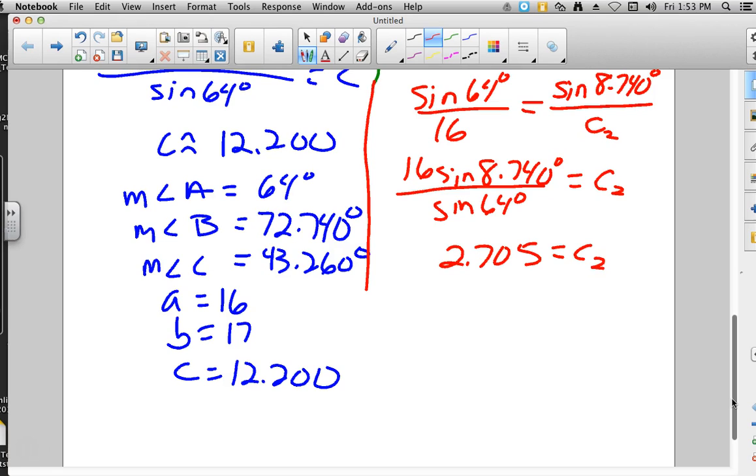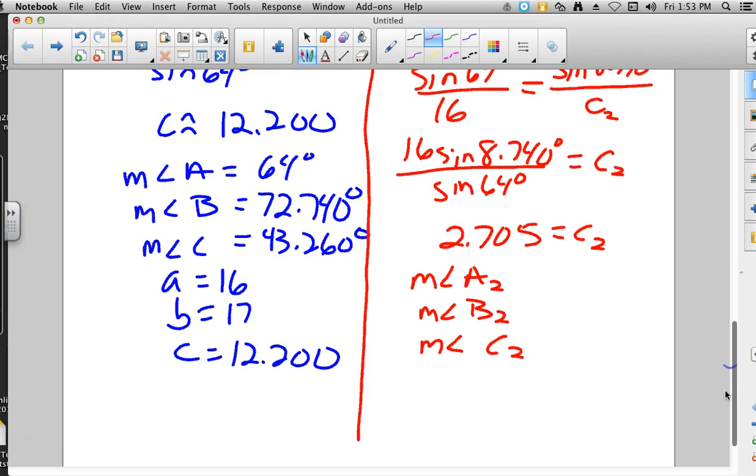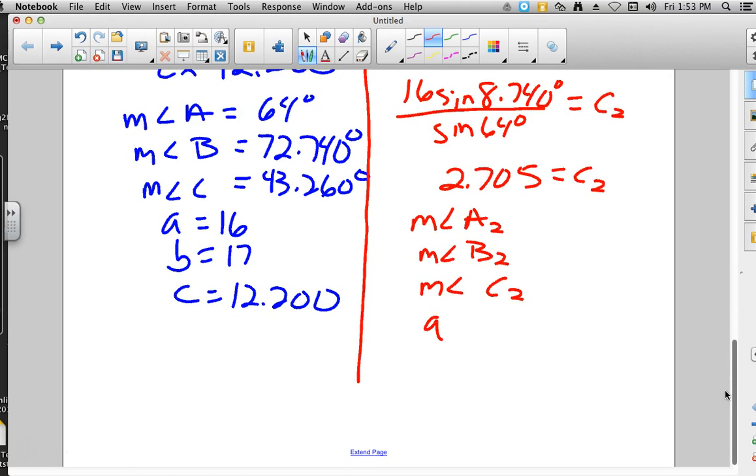And again, like I said, stop and take stock. I'm probably not going to do this for all of these, but it just is really helpful before you turn in a test, before you turn something in to know, hey, I found all of these for both triangles. So a sub 2, that didn't change. That was still 16.